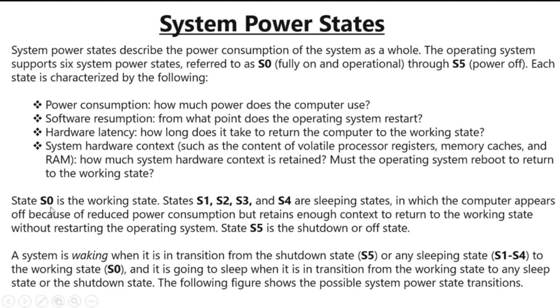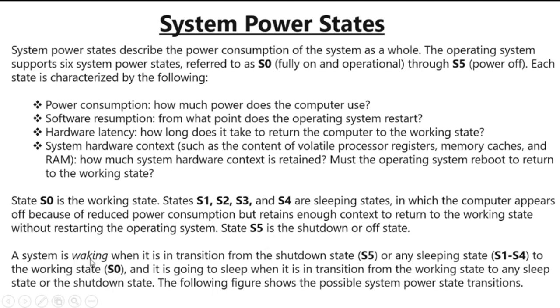State S0 is the working state. States S1, S2, S3, and S4 are sleeping states, in which the computer appears off because of reduced power consumption, but retains enough context to return to the working state without restarting the operating system. State S5 is the shutdown or off state.